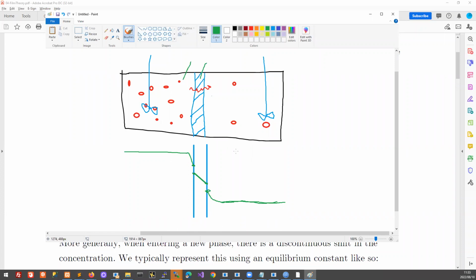And in fact, I'm saying all this as if it's a foreign concept, but you are well familiar with this, right? In your thermodynamics course in ENCH2 TD, you are well familiar with vapor-liquid equilibrium. So between a liquid and a gas, there is a discontinuous jump.